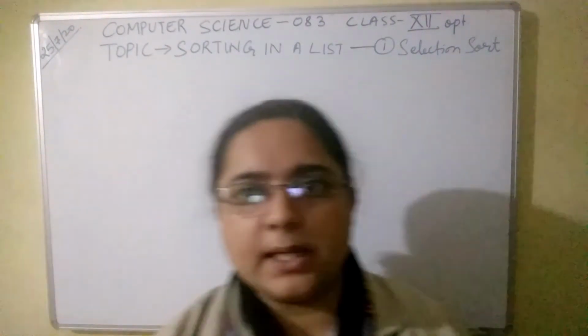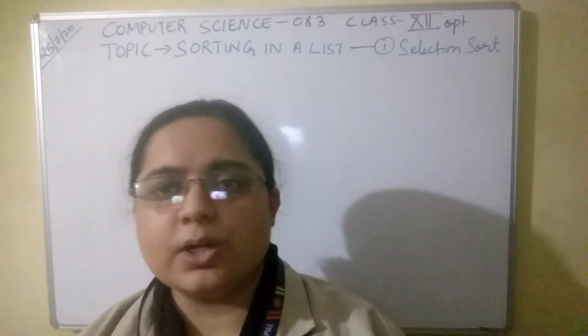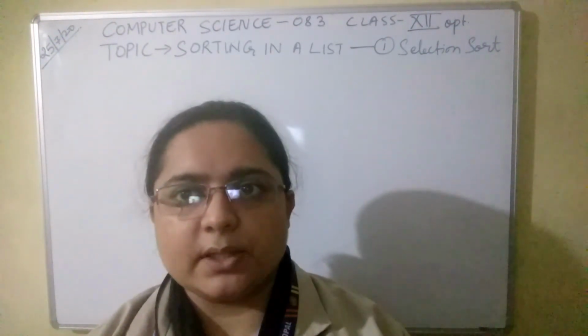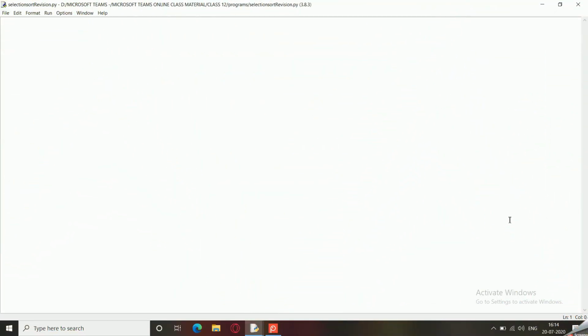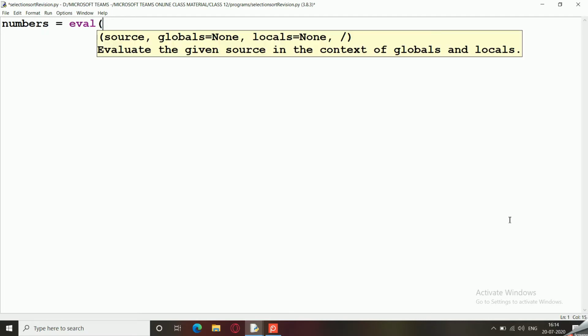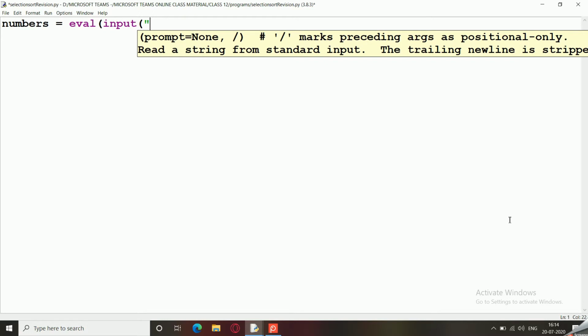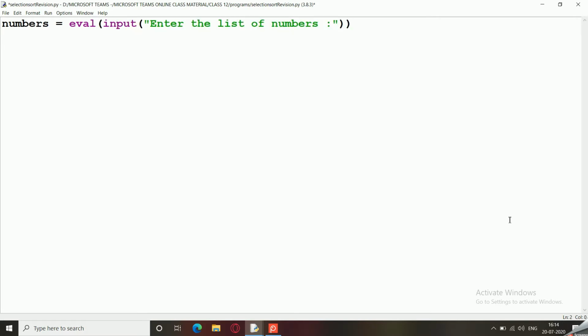For making the program, let us move on to our computer, because I'll be telling this to you programmatically. Now we are going to see the program for selection sort. We are going to ask for a list from the users, and we are going to give the values here.